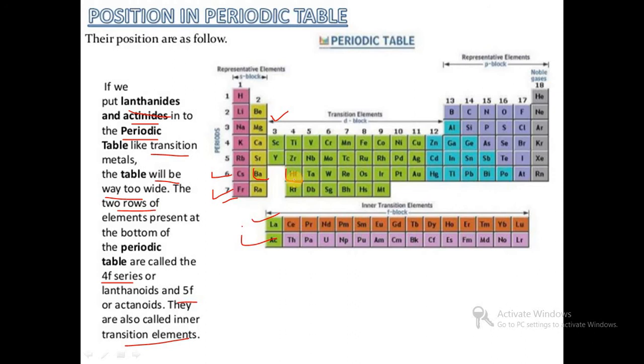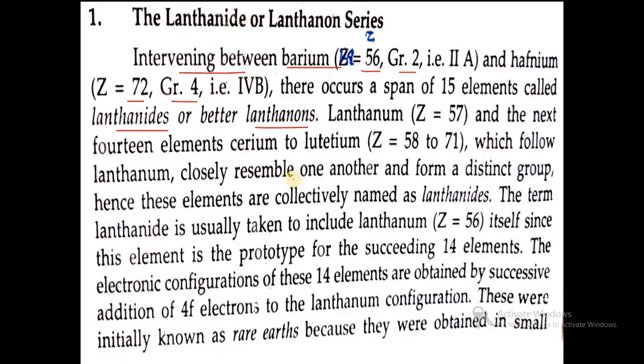Lanthanum has atomic number 57, and the next 14 elements, from cerium to lutetium, atomic numbers 58 to 71, follow lanthanum, closely resemble one another and form a distinct group. Hence these elements are collectively named lanthanides.